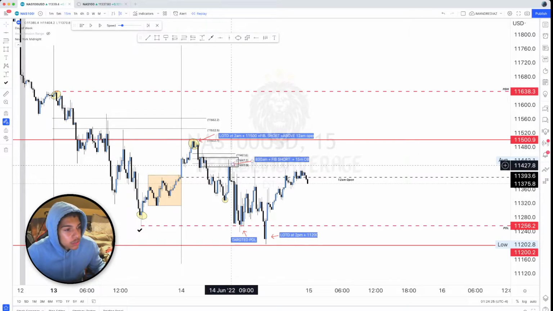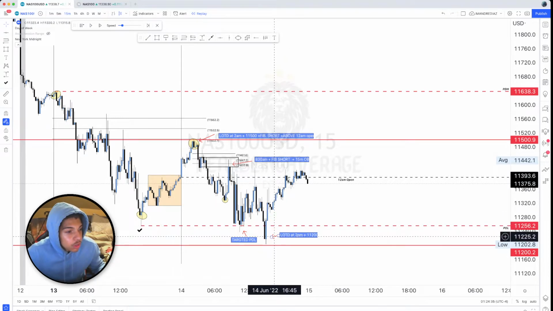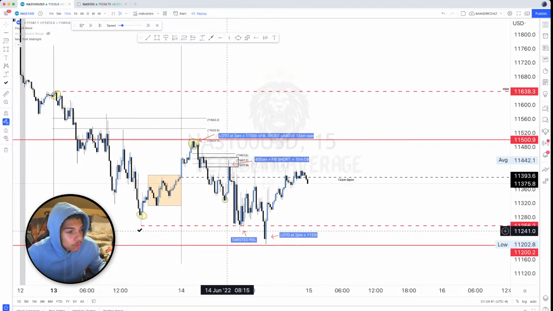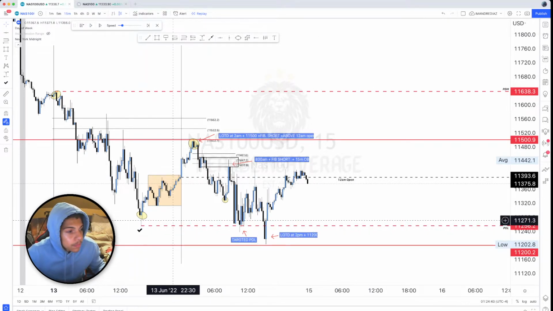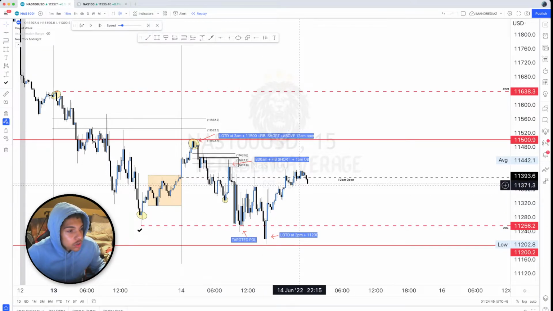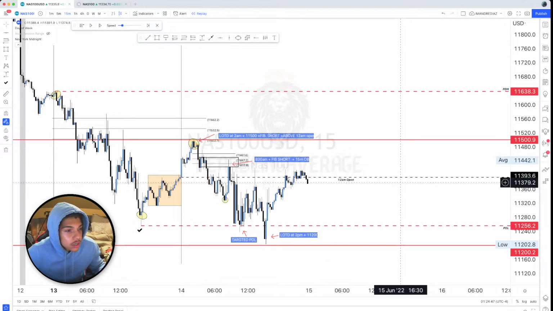So time and price matched. Went short, targeted the previous day's low, had a minor retracement back into the consolidation around this 11,400 area before coming all the way lower and creating the low of the day after tapping into 11,200 and clearing both of these lows over here.